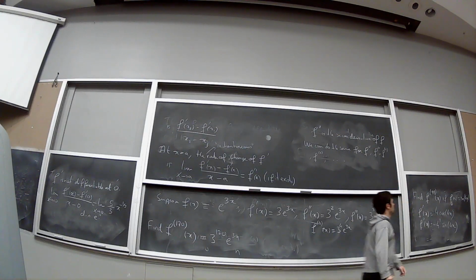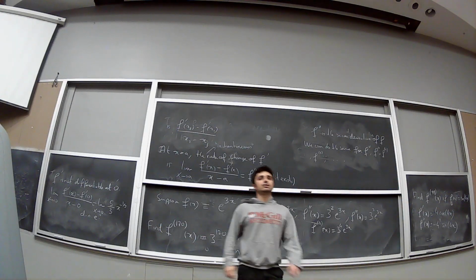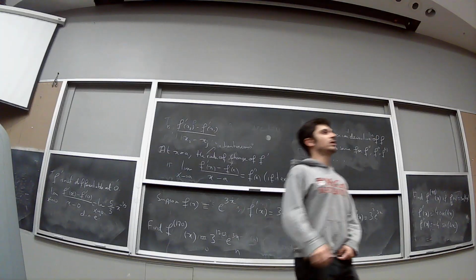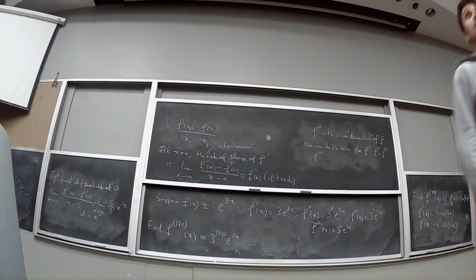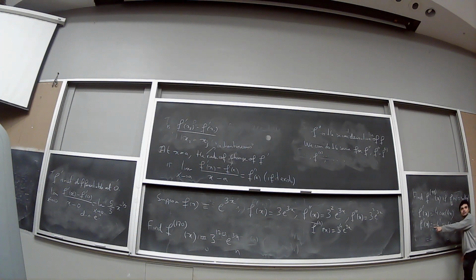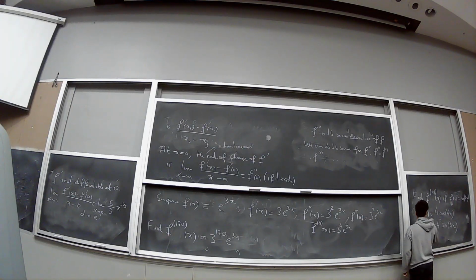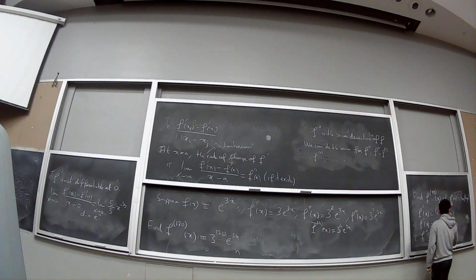Okay. Who wants to help to differentiate the third time? Preferably someone who hasn't said anything today. Yeah? 4 cubed cosine 4x. You have a minus, right? Yeah, thank you. It's minus 4 cubed cosine 4x. Awesome.